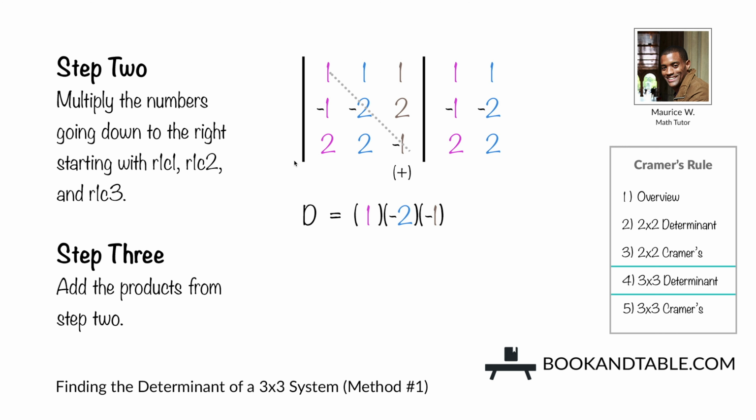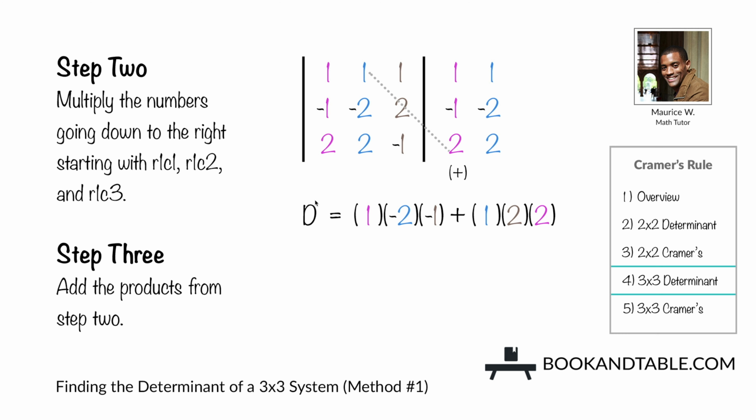And now we'll go to R1C2. So still the first row, the next column over. And again, we want to multiply the numbers going down to the right, and we want to add this product. So we'll place a positive sign, and then we'll multiply 1 times 2 times 2.